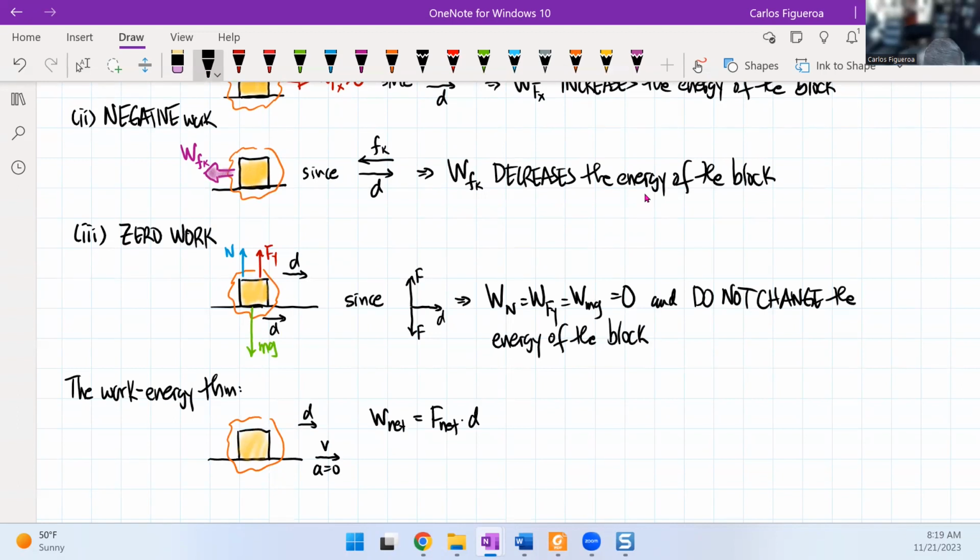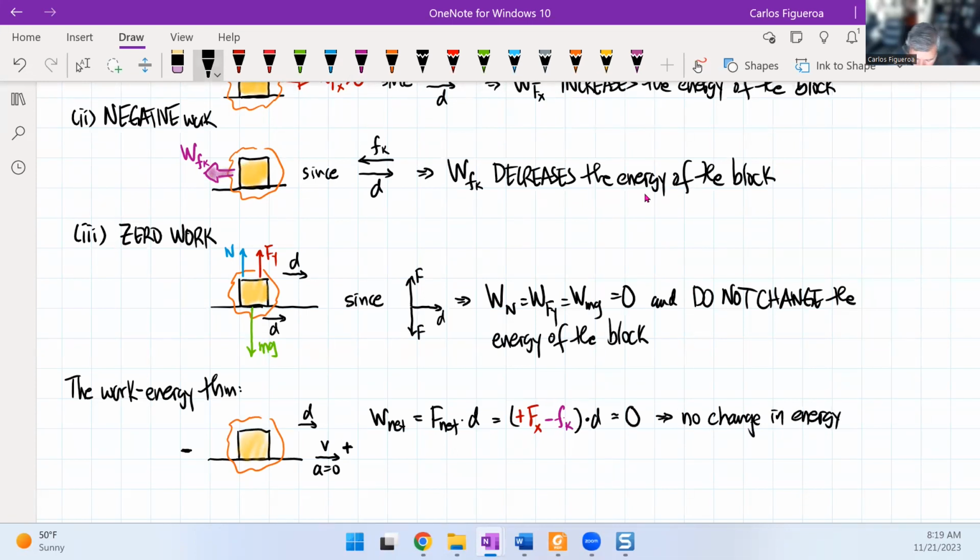But according to a free body diagram, if I pick this to be my positive direction and this to be my negative direction, then this net force says that I have force in the x direction minus the force in the negative x direction, times this displacement. That net force is zero, and therefore this implies that there is no change in energy.